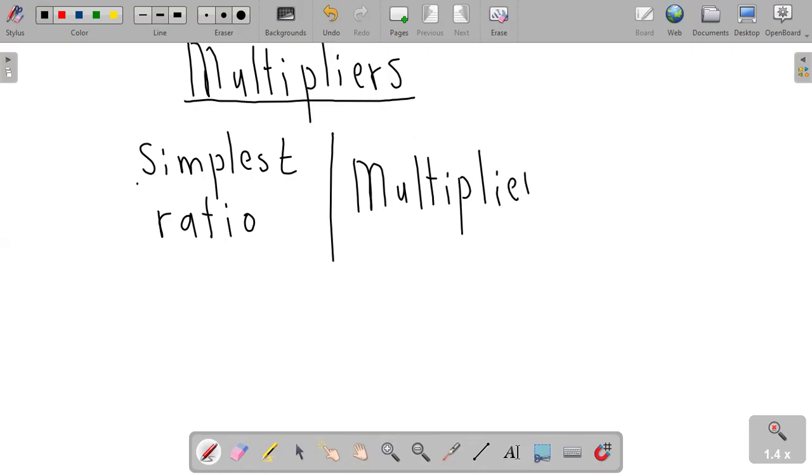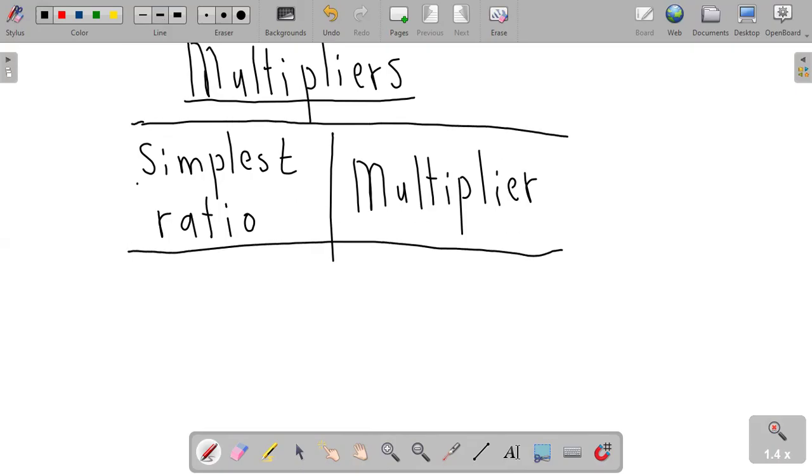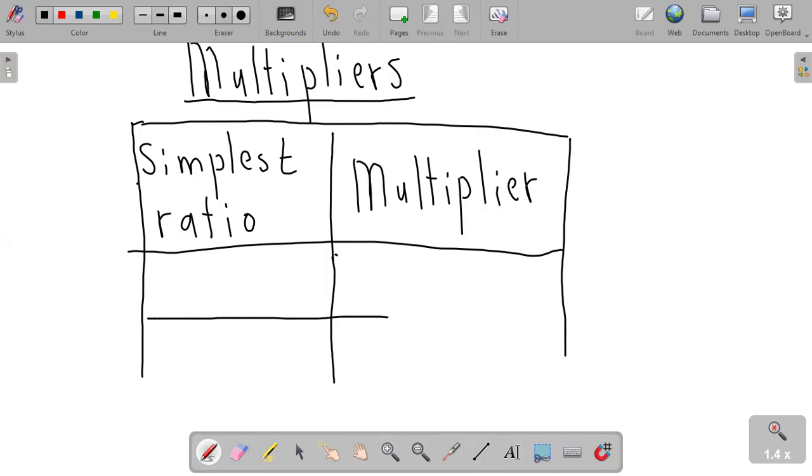If the simplest ratio happens to be anything 0.5, so it could be 1.5, 2.5, 3.5, your multiplier is 2.